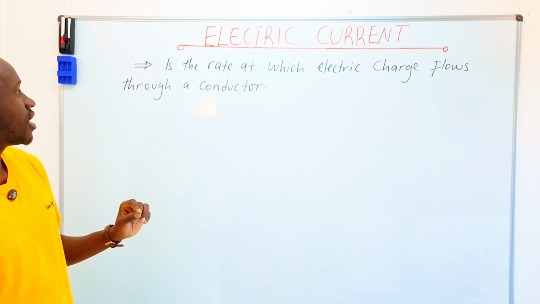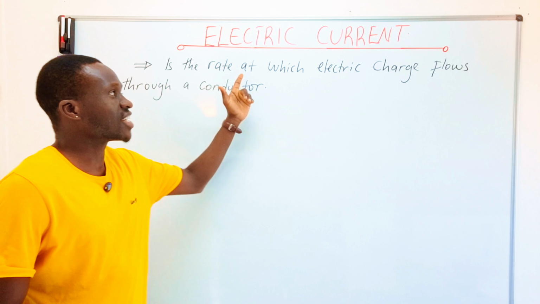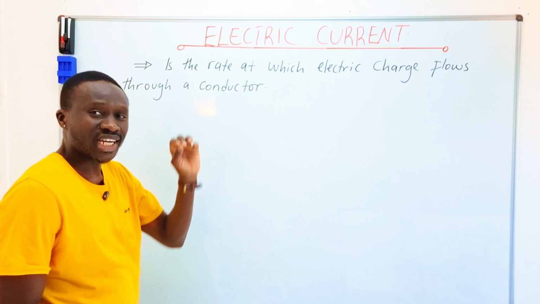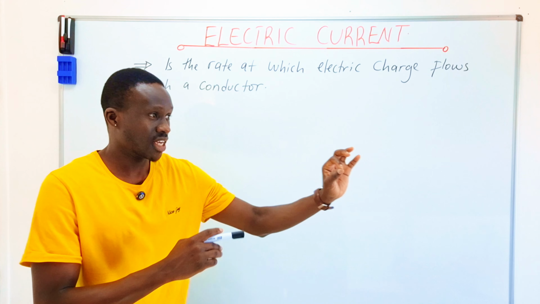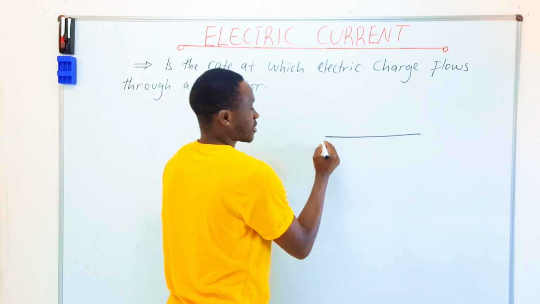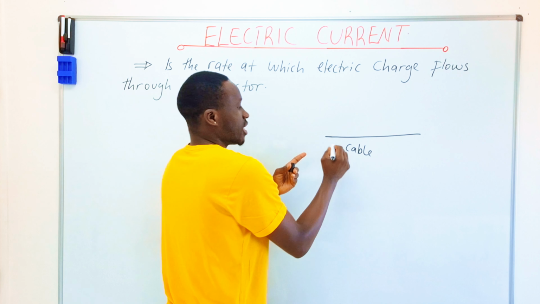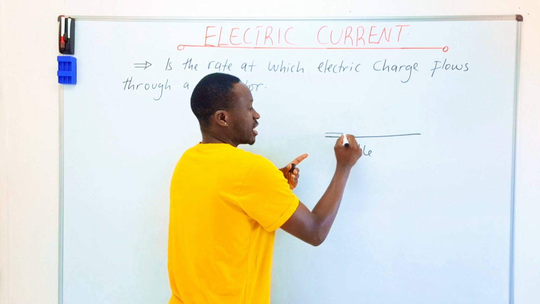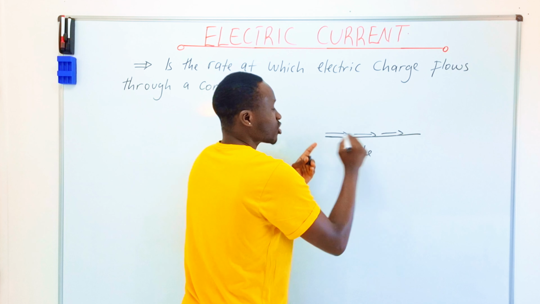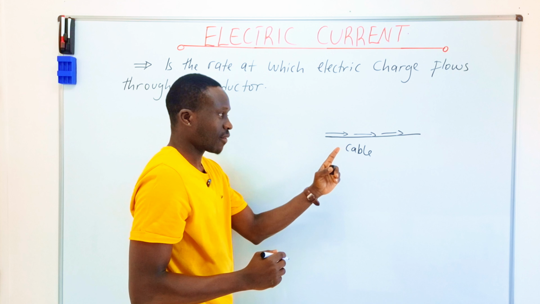And I've brought a definition here. They say it is the rate at which electric charge flows through a conductor. If this is the conductor, our cable, once you apply voltage it will push electrons, which will pass through the cable or conductor.